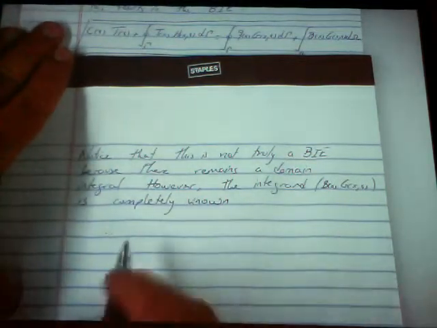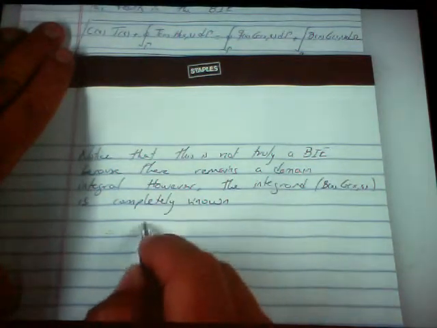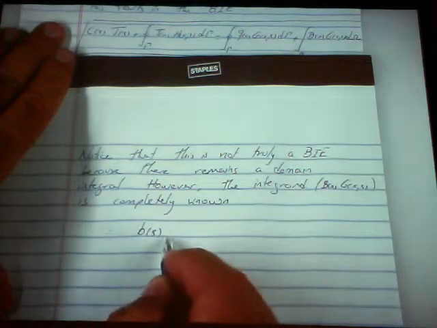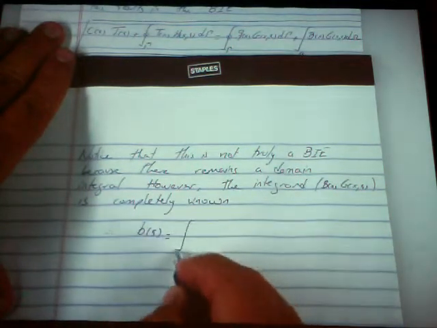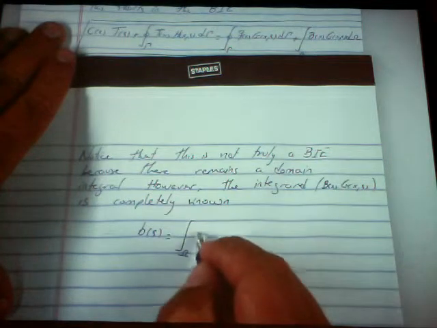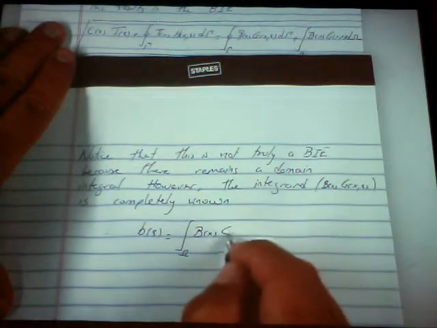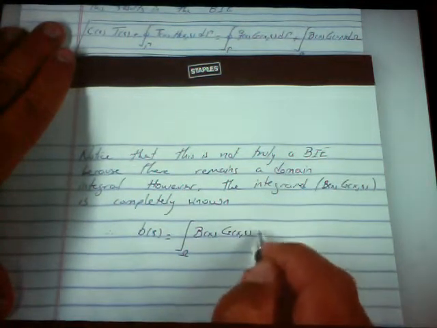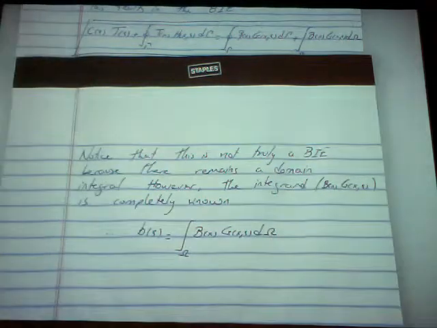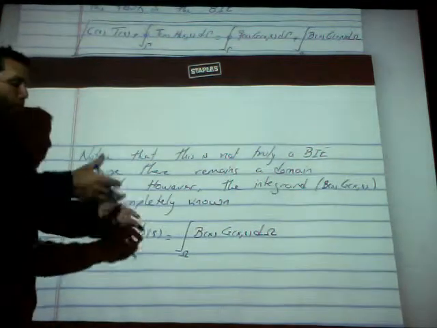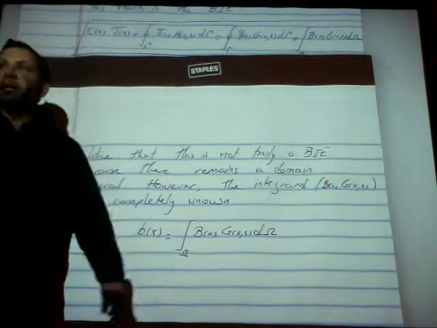So let b of xi be equal to this integral over the domain of b of x, g of x, and xi dl. It is a function of xi because x goes away in this integration. This is the domain of x, right?